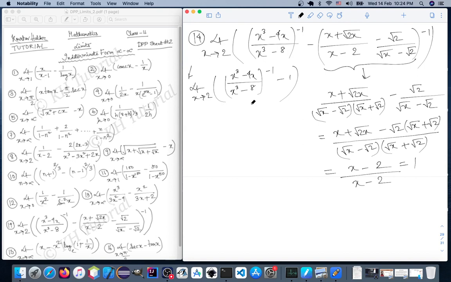This is basically (x cube minus 4x) minus (x cube minus 8), by (x cube minus 8).